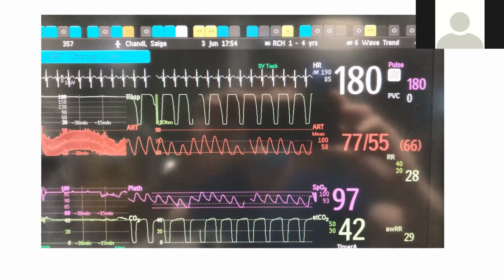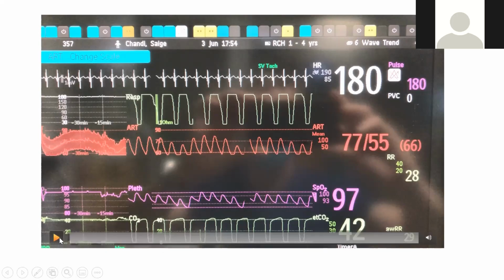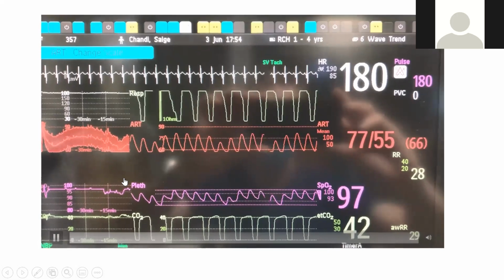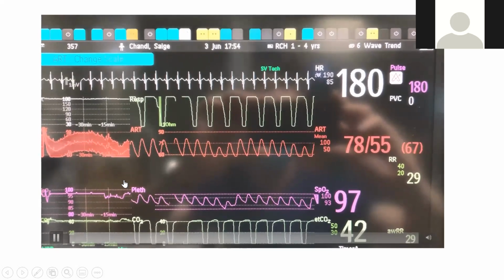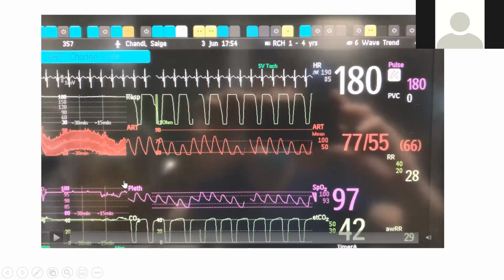And what happens when the child exhales compared with inhales? Which one is the child inhaling and which one is the child exhaling? Oxygen saturation, this one. So oxygen saturation increases when the child inhales. Okay, yes. Probably decreases, yeah, it does. And I want to know why.